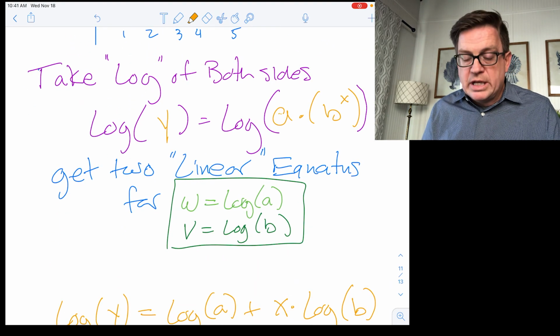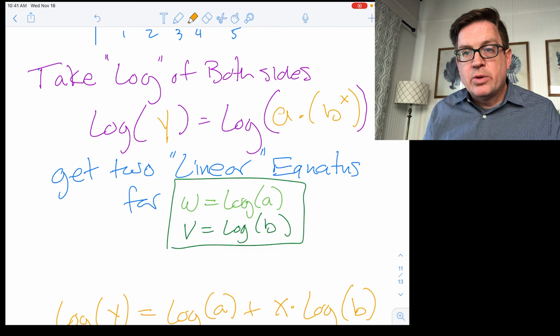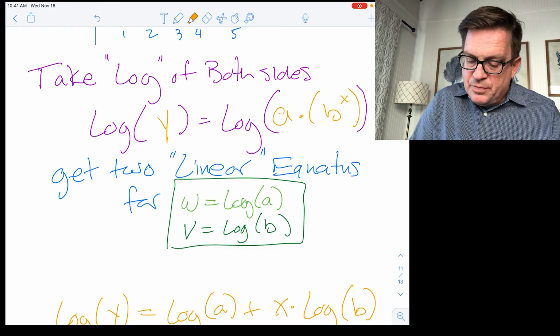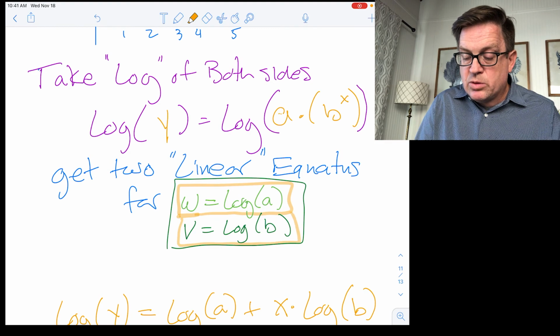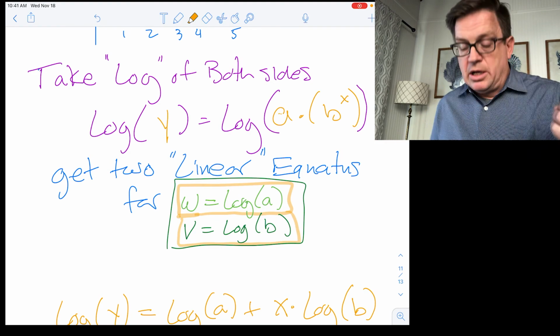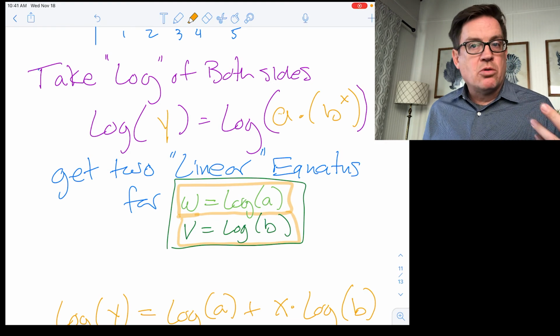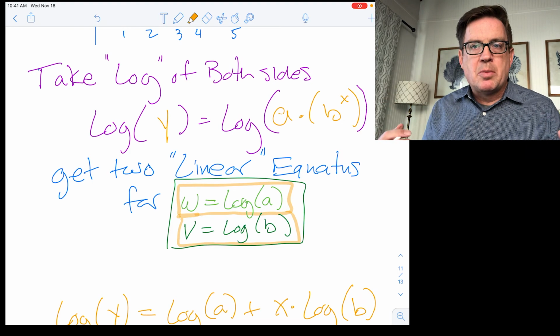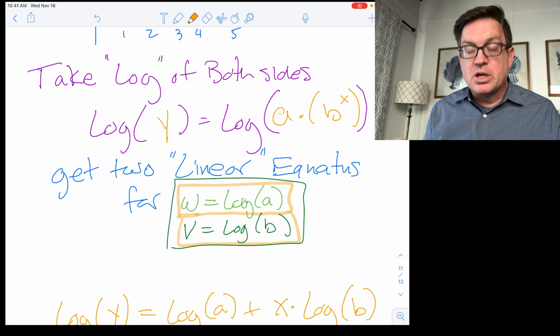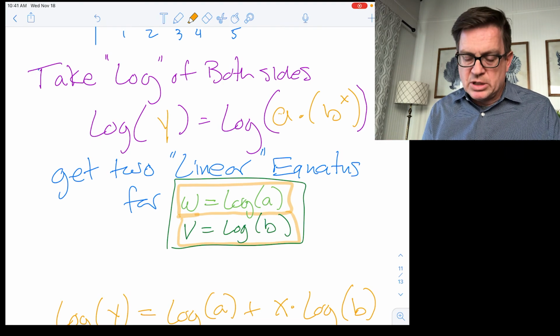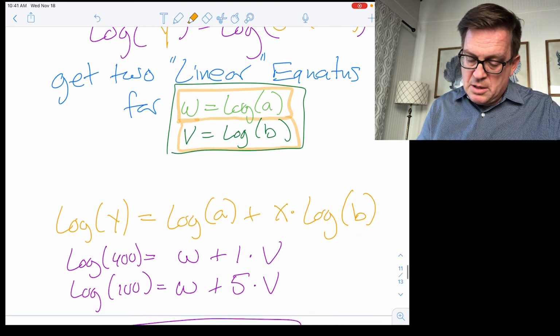We're going to get two linear equations, but the variables are going to be, I'm going to call them w, which is going to be equal to the log of a, and v, which will be equal to the log of b. So a and b are the things we don't know, but when we take the logarithm of both sides, you'll see in a second, we get two equations in terms of log of a and log of b. So let's just call those different variable names w and v for a second.